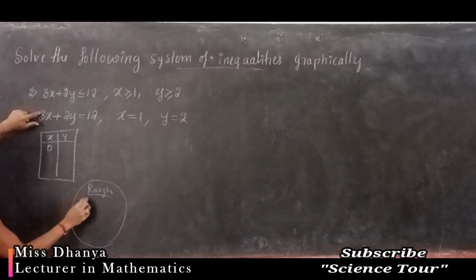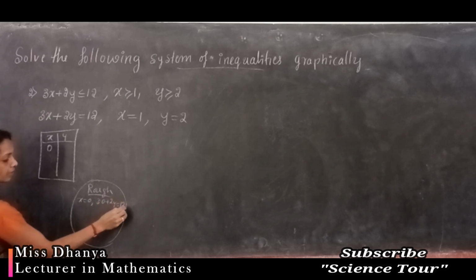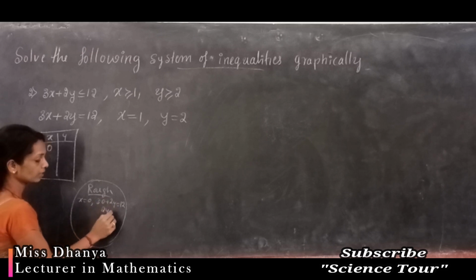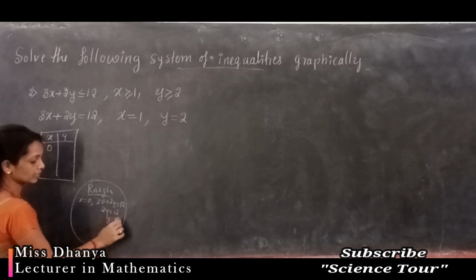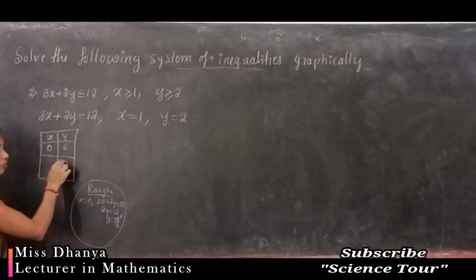When x equal to 0, in this equation you will get 3 into 0 plus 2y is equal to 12. That gives 0, 2y is equal to 12, and that gives you y is equal to 12 by 2. 2 sixes are 12, y is equal to 6. Okay, so in y column write 6. Next I will take y value 0.